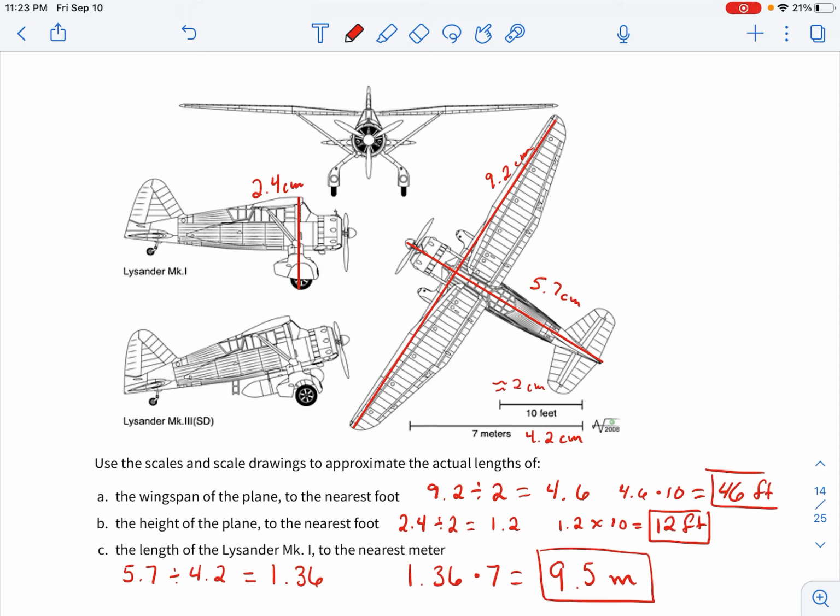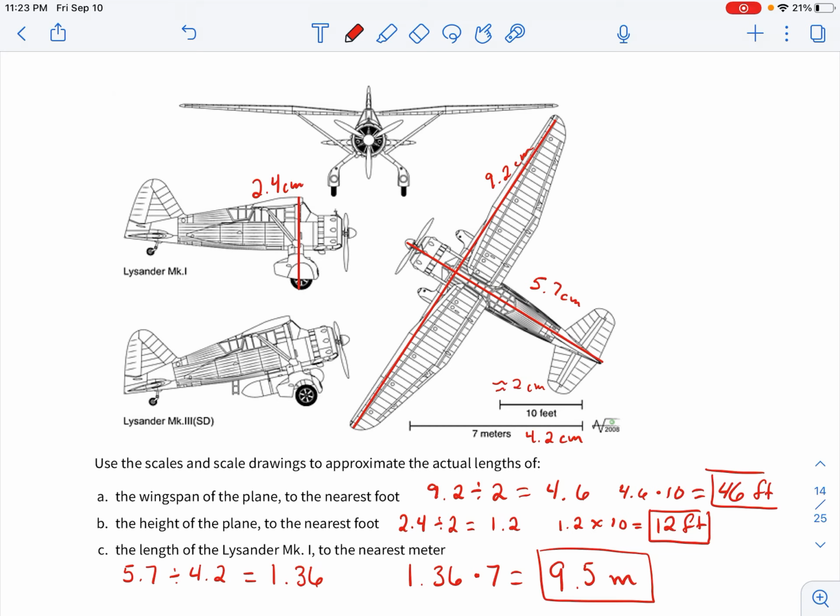So 2 centimeters. Then I drew a line for the wingspan here, because that's what A is asking: find the actual length of the wingspan to the nearest foot. So I'm using the 10 feet scale. Okay, so that's 9.2 centimeters. Well, I need to find out how many 10 feet increments that is. So I know that every 2 centimeters is equal to 10 feet.